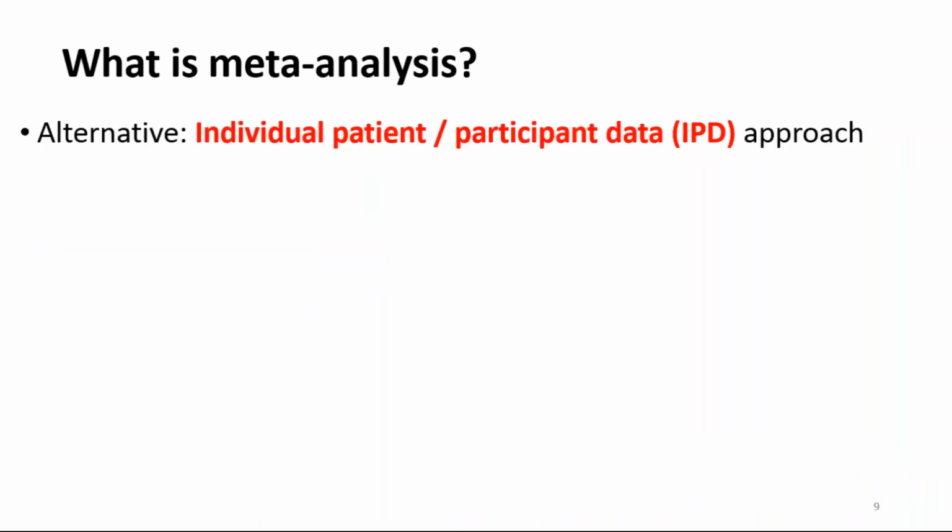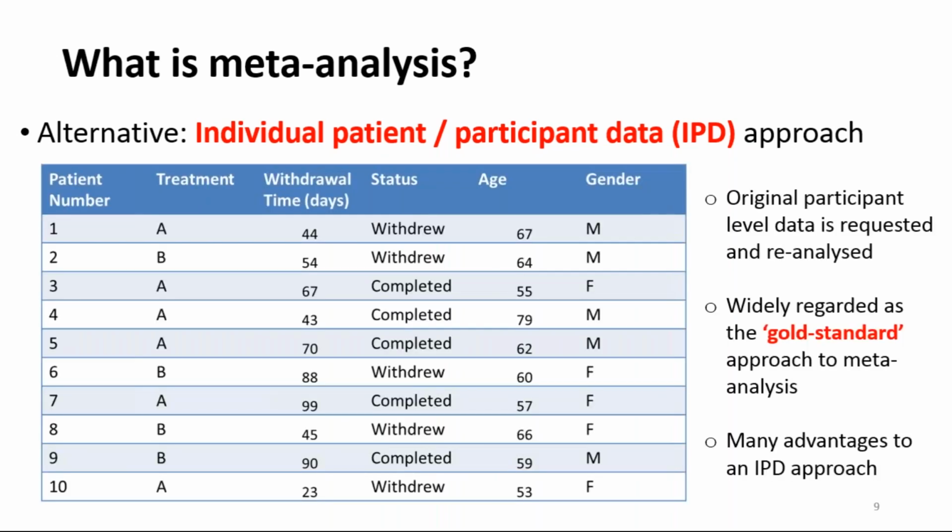So the alternative to doing an aggregate data approach is an individual participant data, patient data, IPD approach. So in this approach, the original participant level data, line by line, is requested and reanalyzed. So I've given a simple example here.